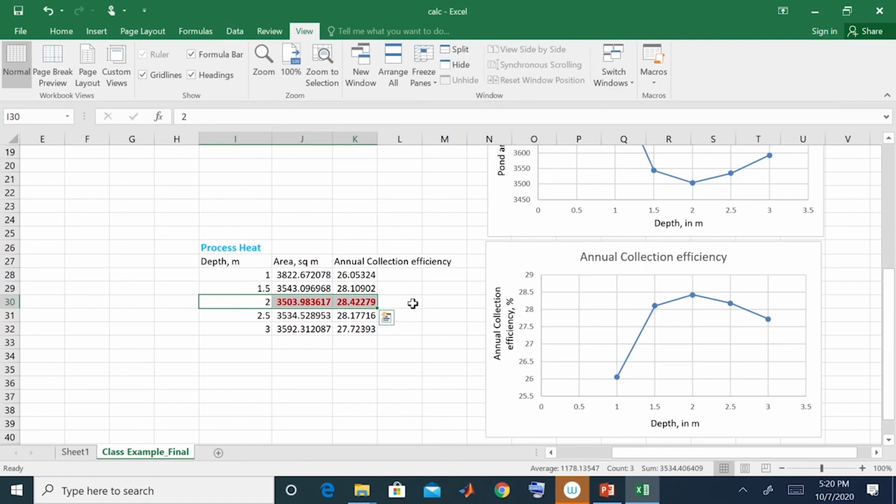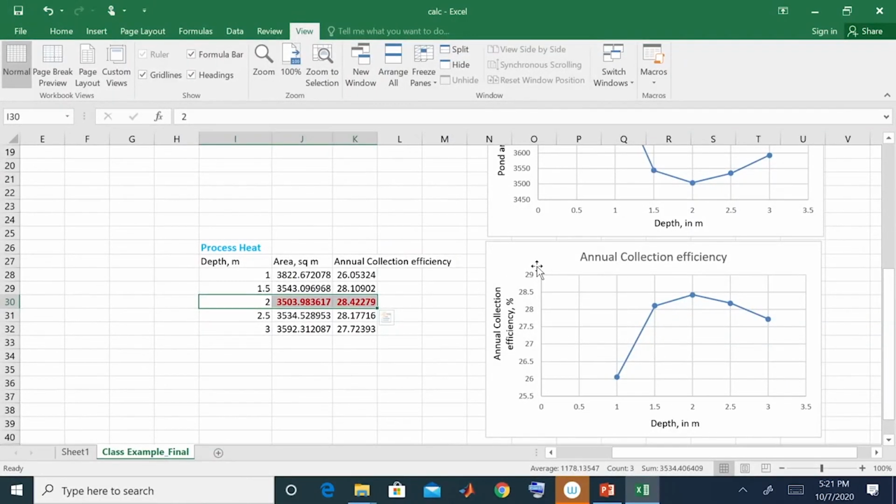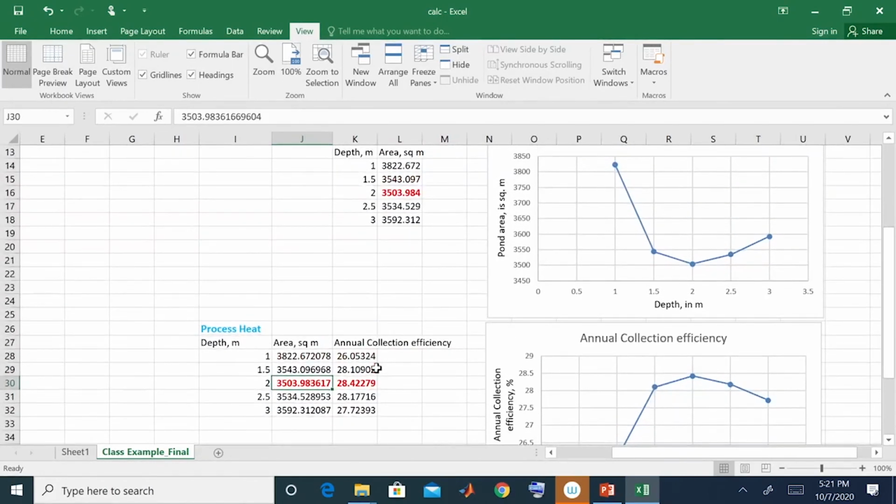So, L2 equal to 2 meter is the optimum value for maximization of annual collection efficiency as well as the performance of the solar plant. Okay. So, it is starting from 1 and increasing, and then it reaches a maximum at 2 and then decreases. So, this depth is optimum, and this surface area is the optimum surface area for getting the maximum performance.